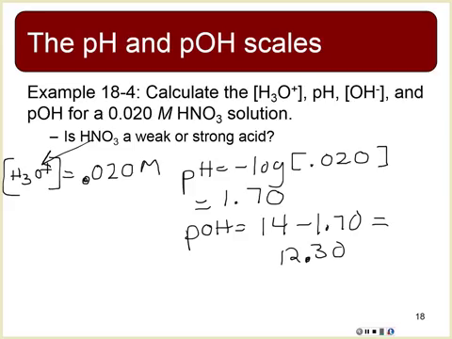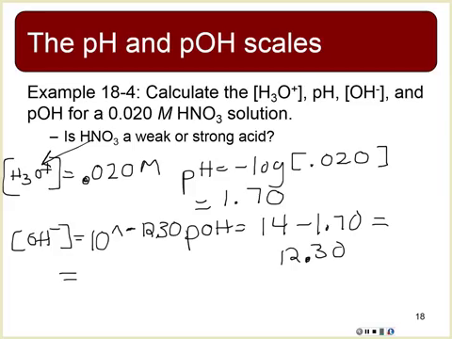To get hydroxide concentration, we could do two things. We could do this, which honestly I like better. I don't know why, but this is what I normally do. Or we can do this, right? We can rearrange Kw. What I normally do is say, okay, I've got my pOH, so I'm going to take the antilog of it, and I know it's negative.